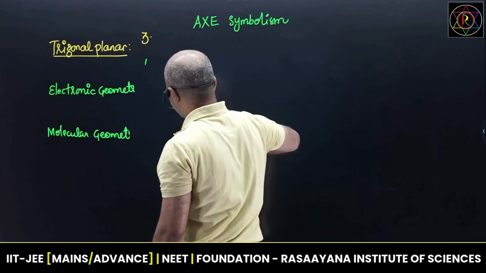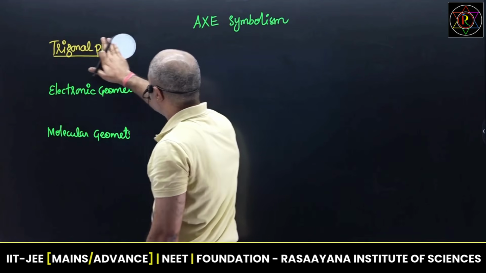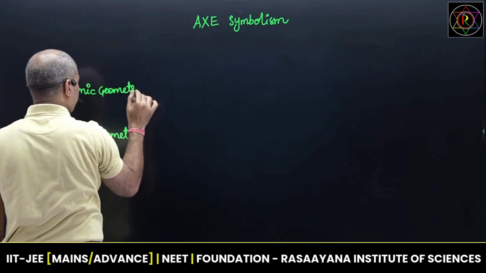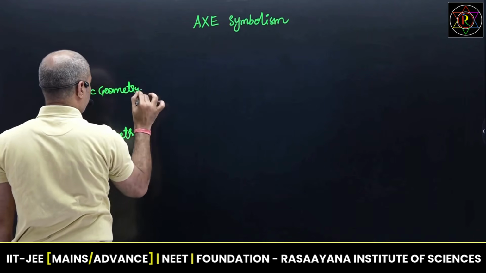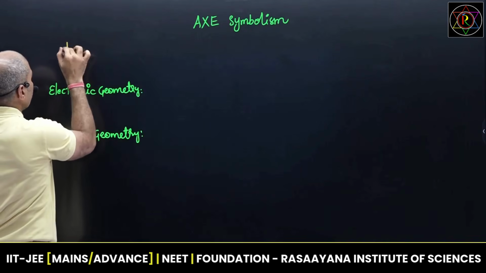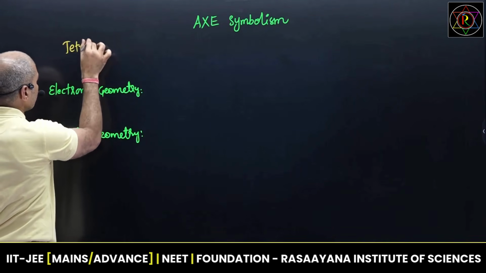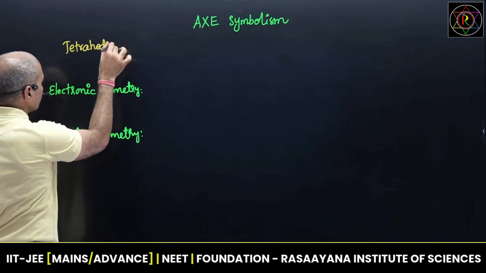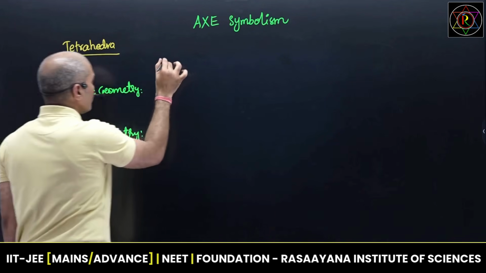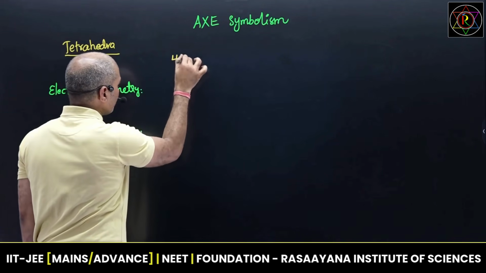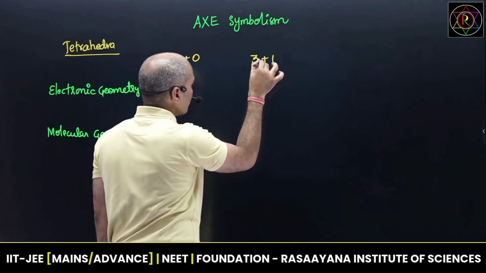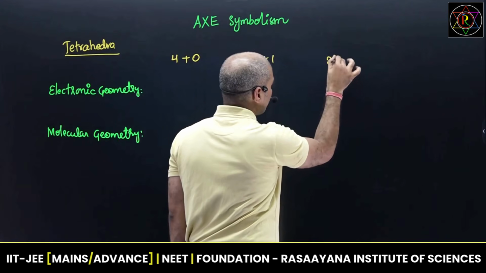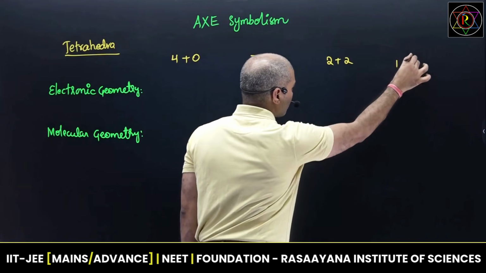Now likewise, I'll take one more geometry. Suppose I take tetrahedral. Let me take the 4 plus 0 combination, 3 plus 1, 2 plus 2 and 1 plus 3.